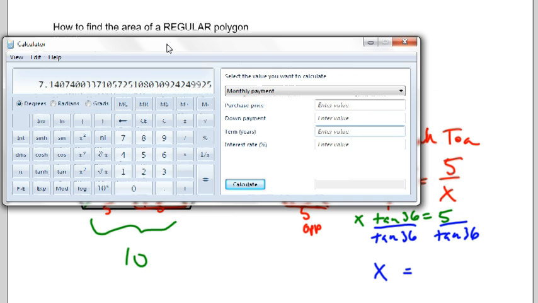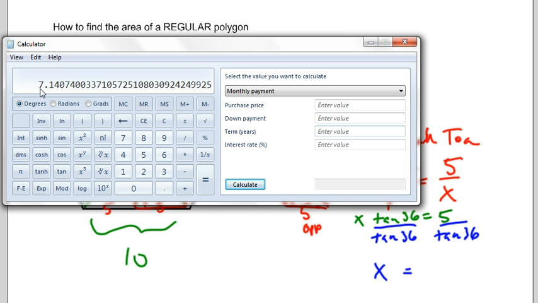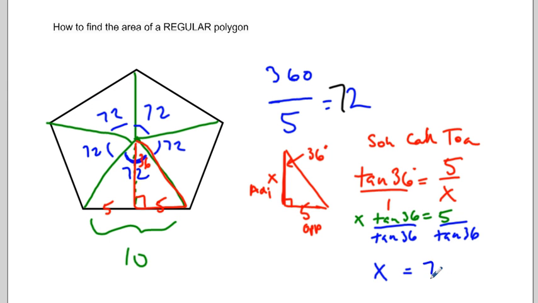I'm going to pause this. Alright, so once I punch that in, you should have 7.14, and you get a whole bunch of other decimals. So let's use just a few of them: 7.1407. Since we're still in the middle of the problem, we're going to use several decimal places. Okay, so that is the height of this triangle.